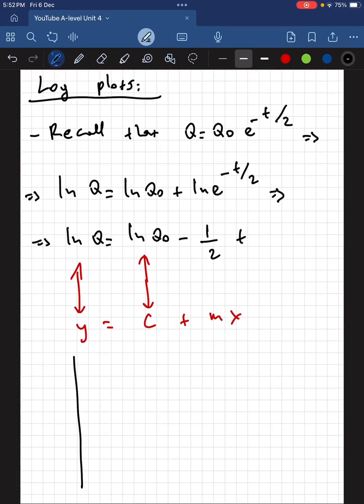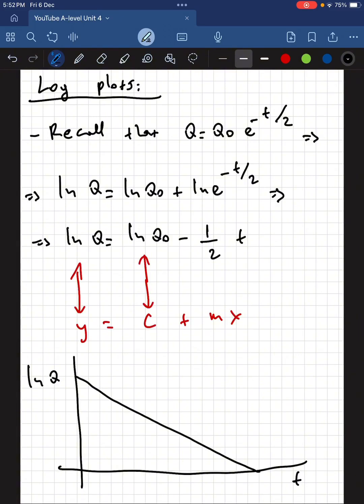So 1 over tau is the gradient. So if we plot this ln of Q versus t, we get a straight line, which is easier to deal with. This graph starts at the ln of Q naught, and the gradient is simply minus 1 over tau, which is minus 1 over RC. Okay?